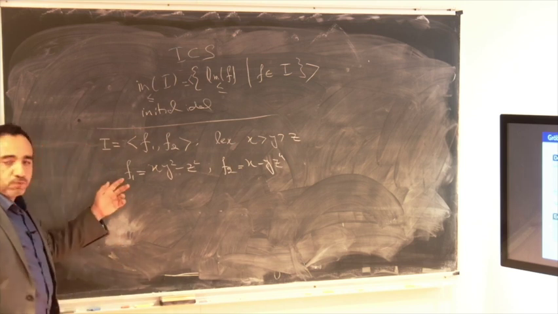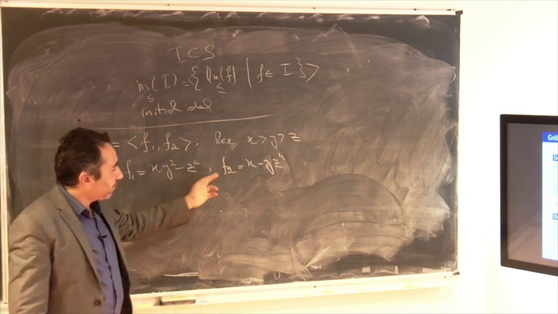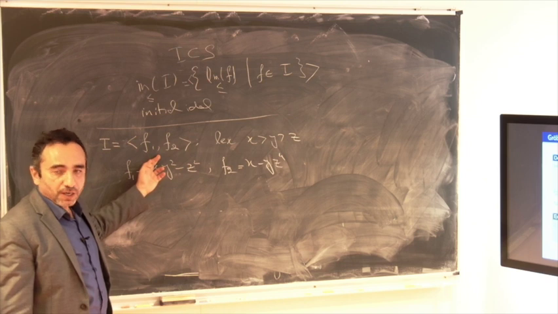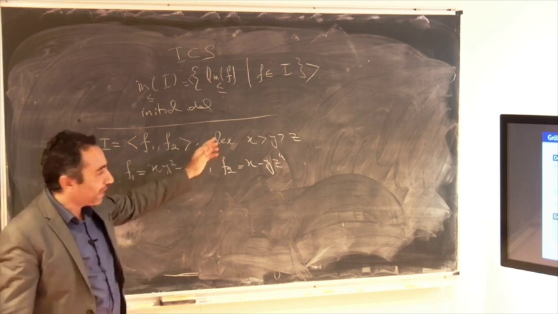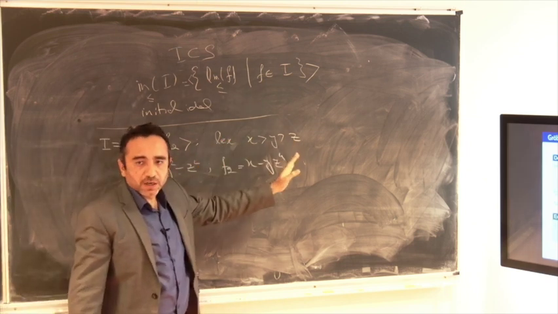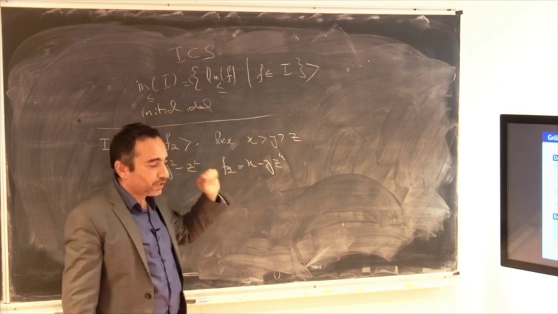So in this case F1 and F2 are the generators of the ideal I, with the lexicographical ordering x greater than y greater than z.